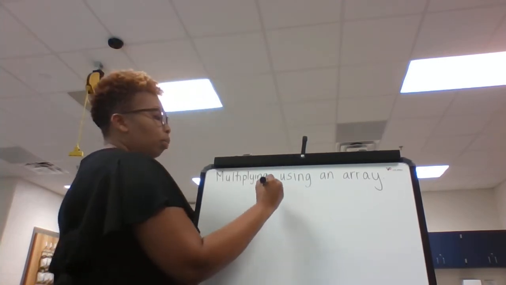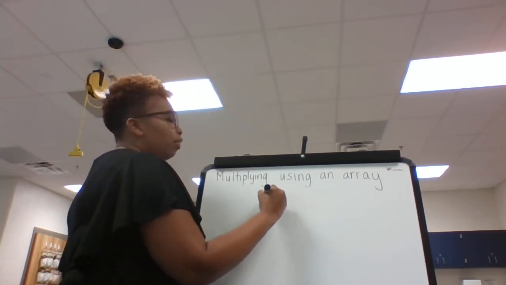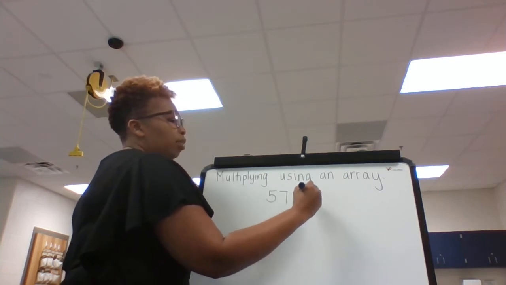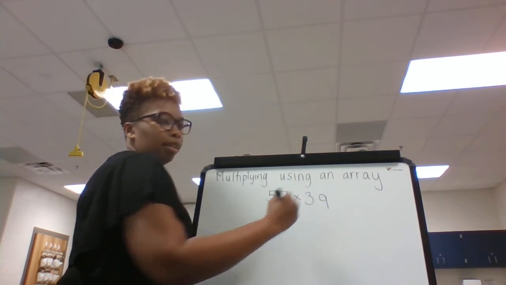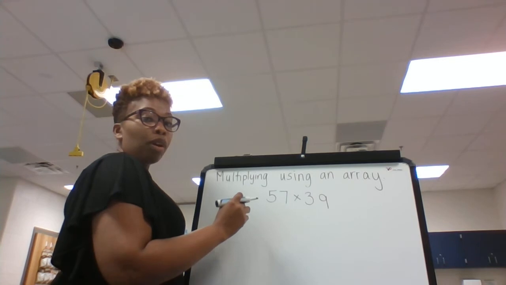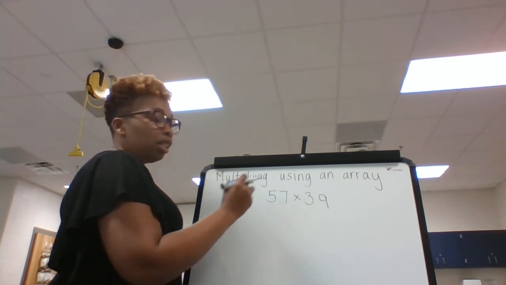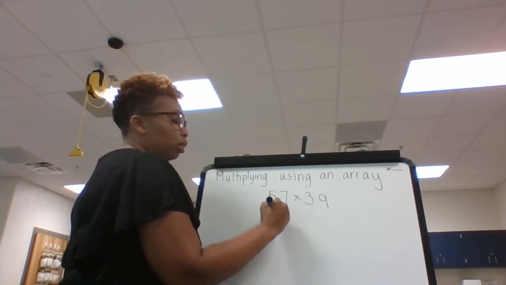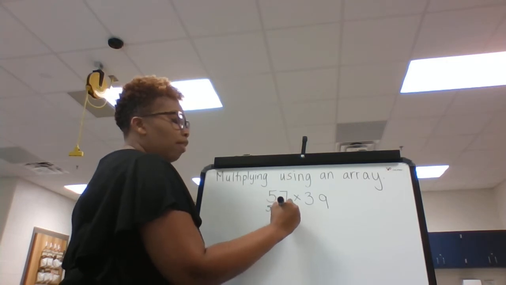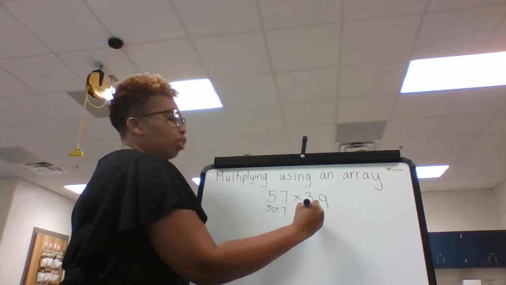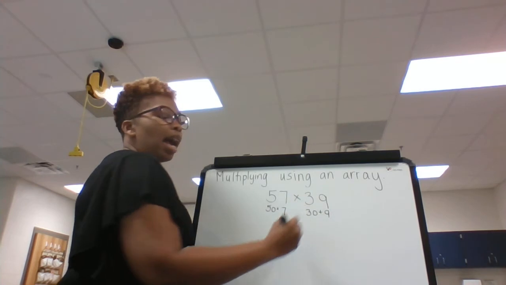So my equation is going to be 57 times 39. So just like before, I separate my number into tens and ones. So 57 is 50 plus 7. 39 is 30 plus 9.